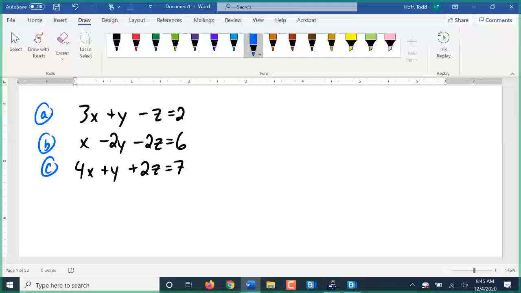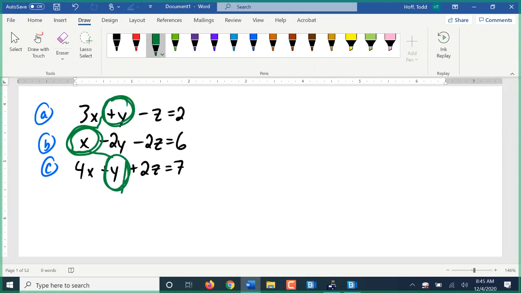There are several possibilities of variables that would be easy to solve for. Solving for y in this top equation would be easy. Actually, solving for z wouldn't even be too bad there. Solving for x in the second equation would be easy. Solving for y in the third equation would be pretty easy.